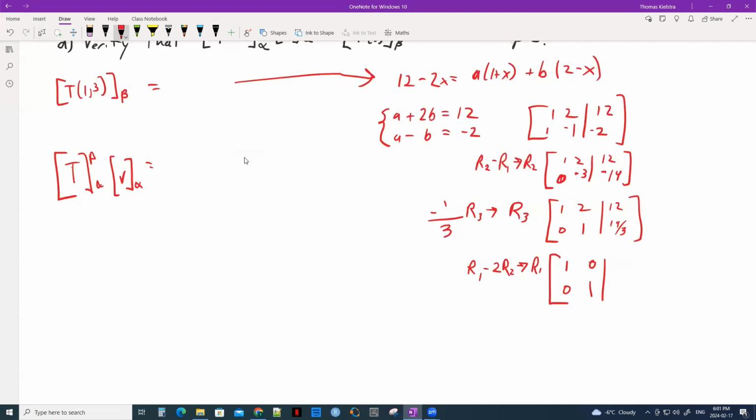Now 12 is 36 over 3, minus 2 of these is 28, so it's 36 minus 28, which gives me 8 over 3 and 14 over 3. So this tells me that we're equivalent to the system of equations A equaling 8 over 3 and B equaling 14 over 3. So here, my coordinate vector is going to be (8 over 3, 14 over 3).